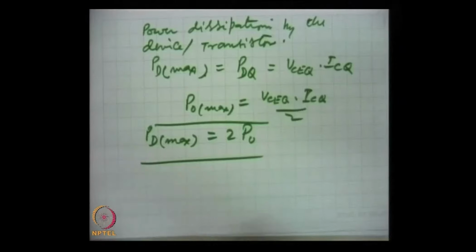The efficiency of course can be increased in a transformer coupled amplifier, and the maximum power to be dissipated by the device is twice that of the output power available. Now, that finishes our class A operation. We now go for class B.